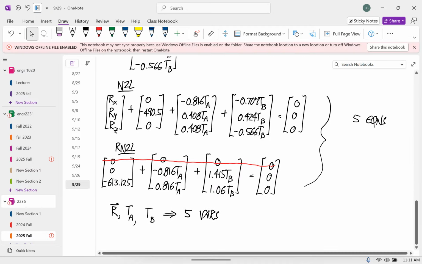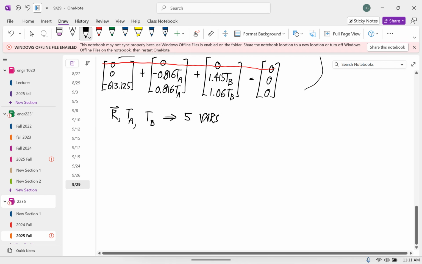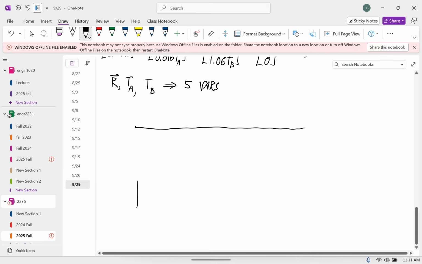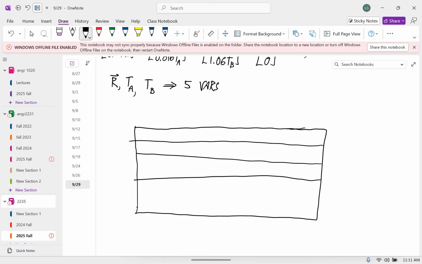So I'm going to go to the augmented matrix. We're going to have 5 rows, 1 for each of our equations.